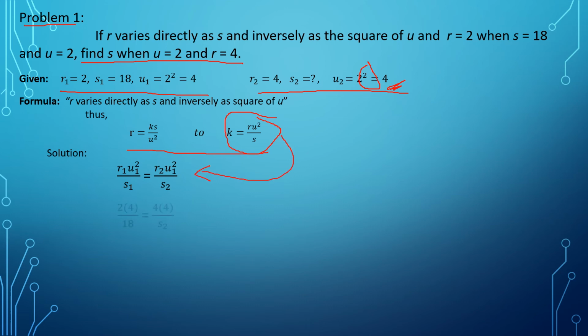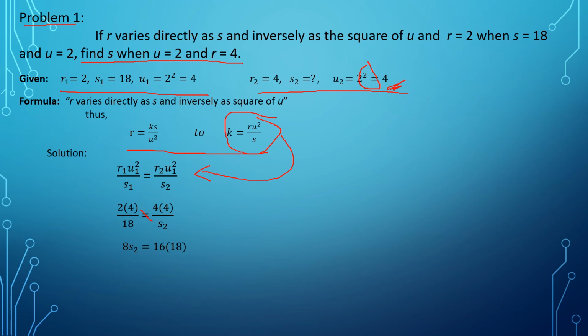Okay. So, dire na ta sa substitution. Since nausab man ang mga values sa ato, ang second set of values, so we have 2 times 4 over 18 equals to 4 times 4 over S sub 2. Since ang ato ang R sub 2 is 4, then yung ato ang U sub 2 is equals to 4 also. Okay?